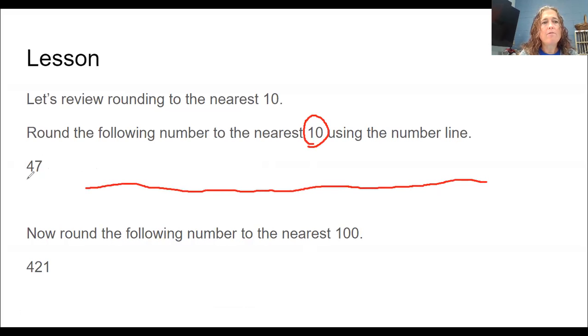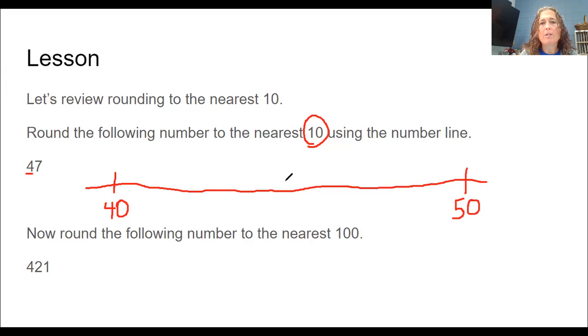If we have the number 47 and we're rounding to the nearest 10, the lower multiple of 10 would be 40. The larger multiple of 10 would be 50, because the lower one is always what is here in the number. The higher one would be the next multiple of 10 above 47.